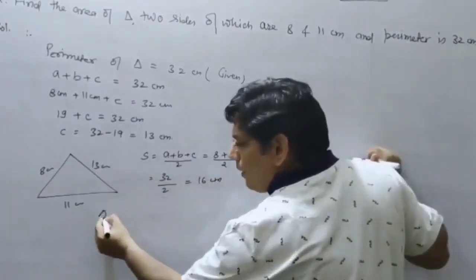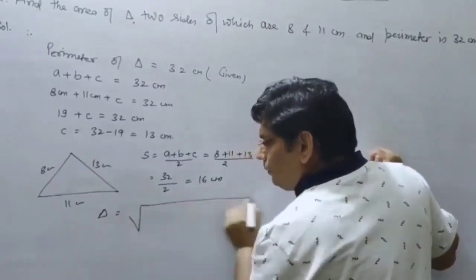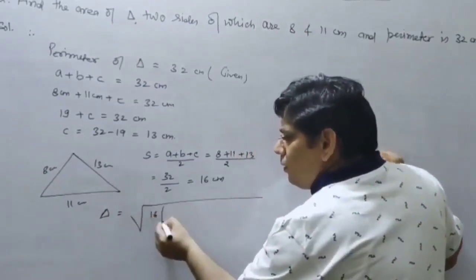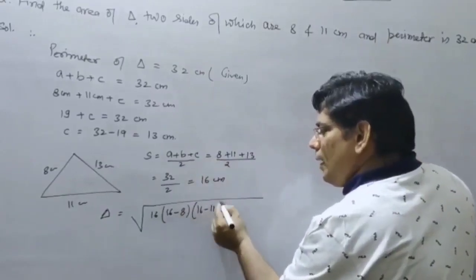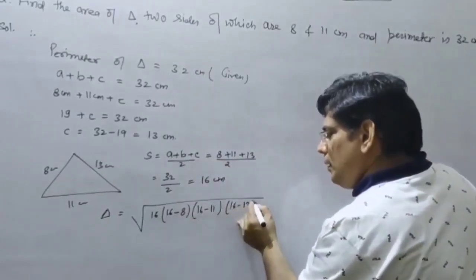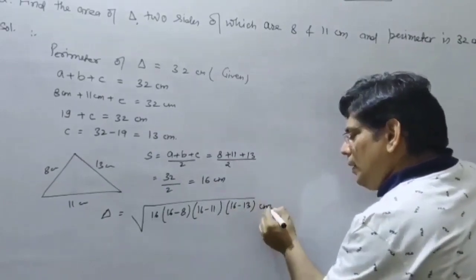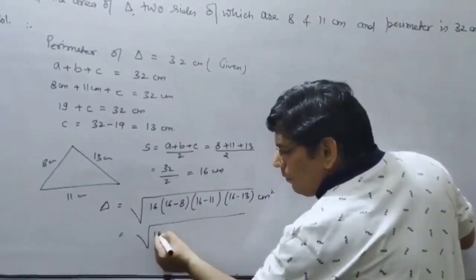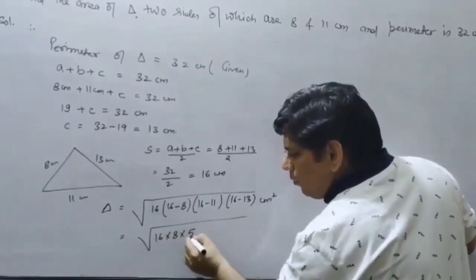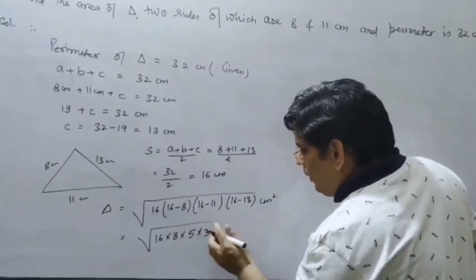Now area, 16 into 16 minus a, that means 8, 16 minus 11 and 16 minus 13, that will be centimeter square. Now after that, that will be 16 into 8 into 5 into 3.